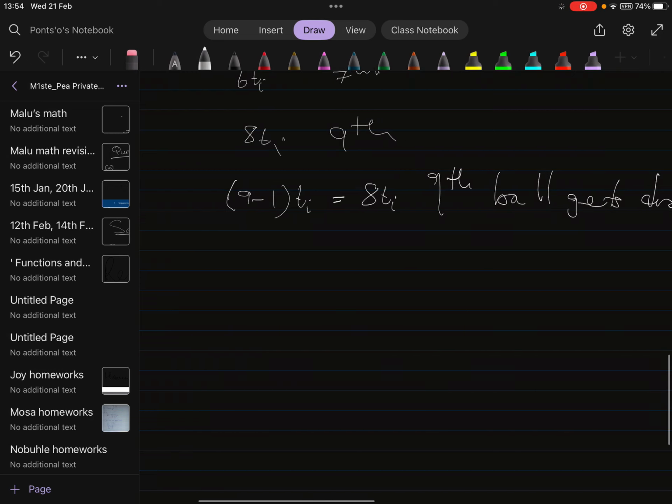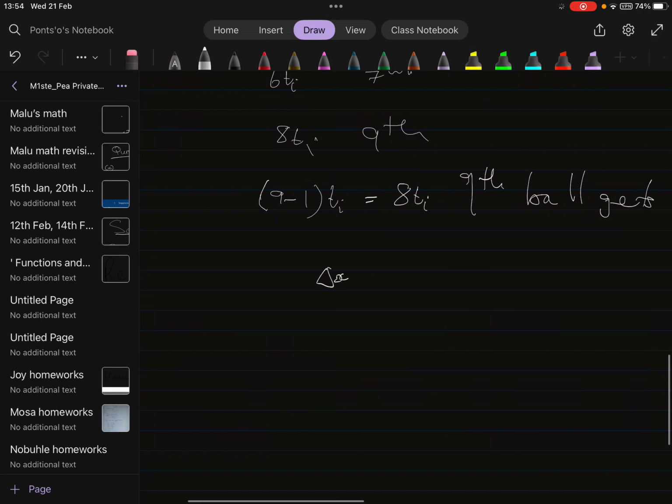The displacement of the first ball is described by the equation delta y, since we've decided to go with that convention, and that equals initial velocity times time plus a half gravity acceleration times the time squared.